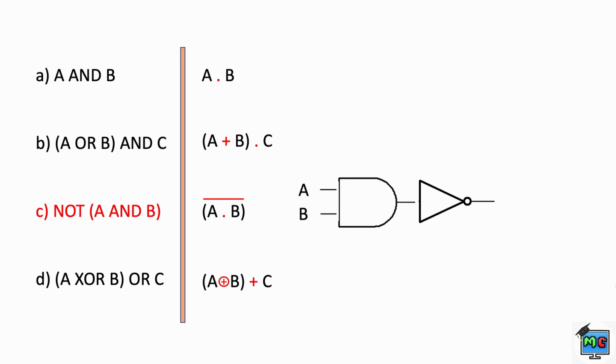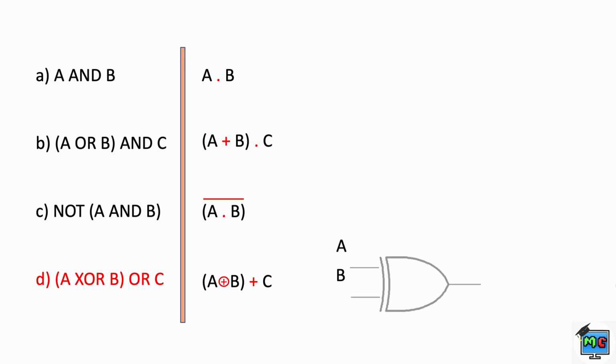Next one. Question D. What part do we do first? You do the brackets first. What's inside the bracket? A and B going through XOR. Input A, input B going through the XOR gate. We need to draw that first. Here's your XOR gate. Now the bracket part is done. What do you do next?